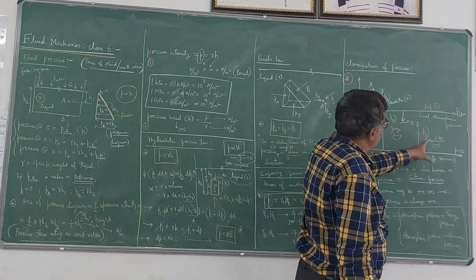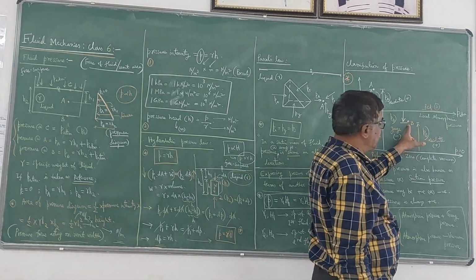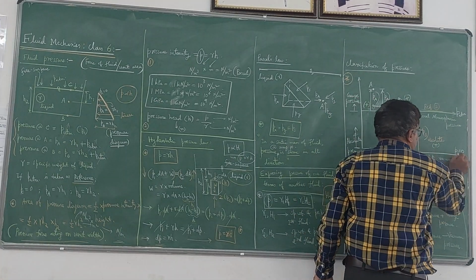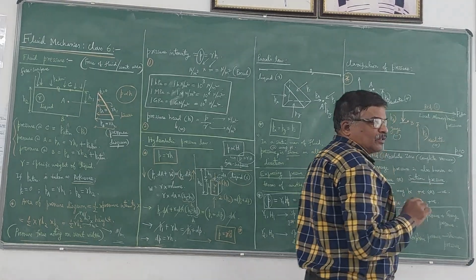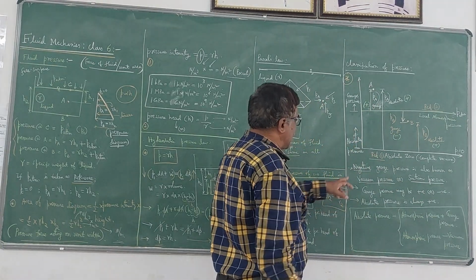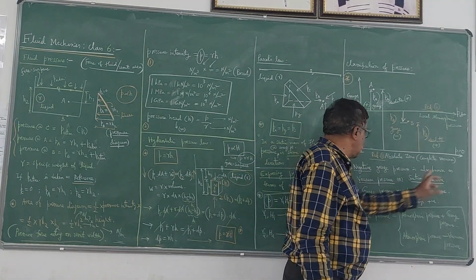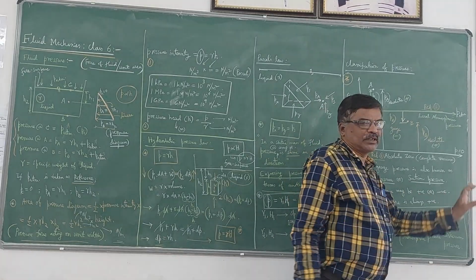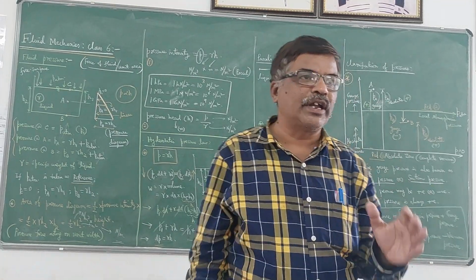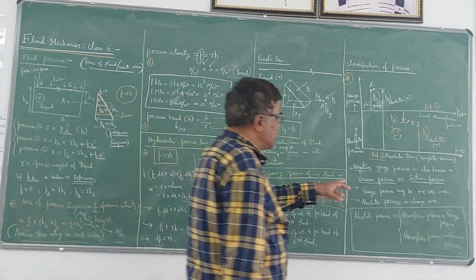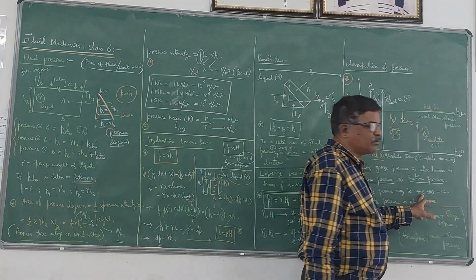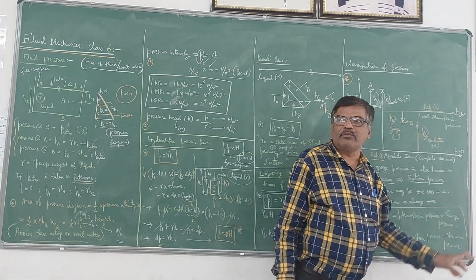But if you take the absolute pressure at B, you measure from the absolute zero axis, so it is positive only. In other words, negative gauge pressure is also known as vacuum pressure or suction pressure. So gauge pressure can be either positive or negative.